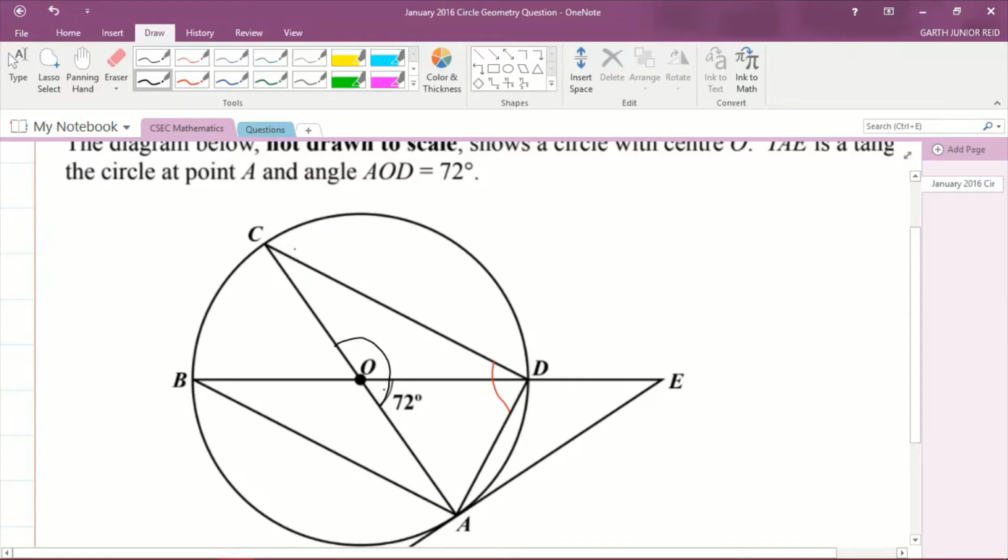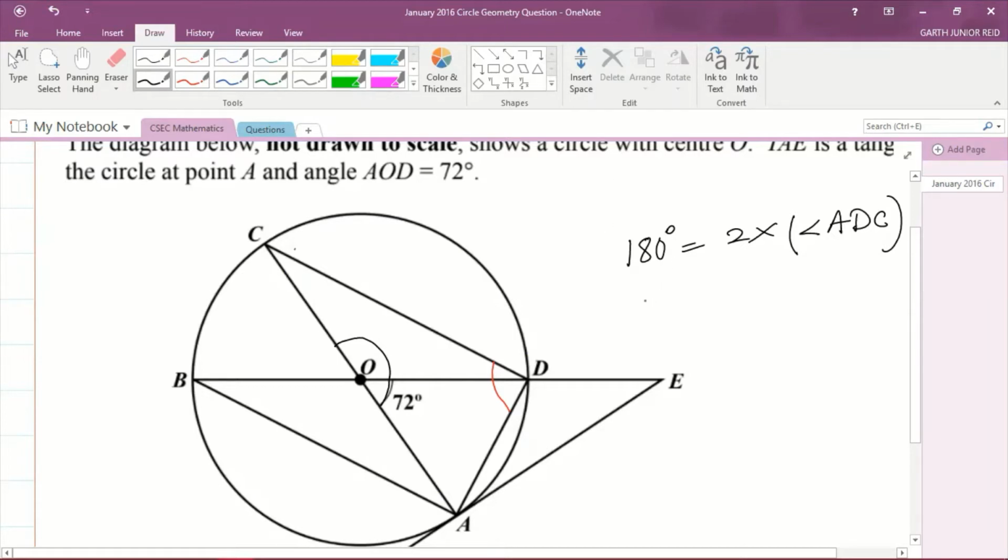So 180 degrees, the angle at the center, is equal to 2 multiplied by the angle at the circumference, which they asked us to calculate, that is angle ADC. I'm just giving an alternative way of calculating the same angle, using a different reason.